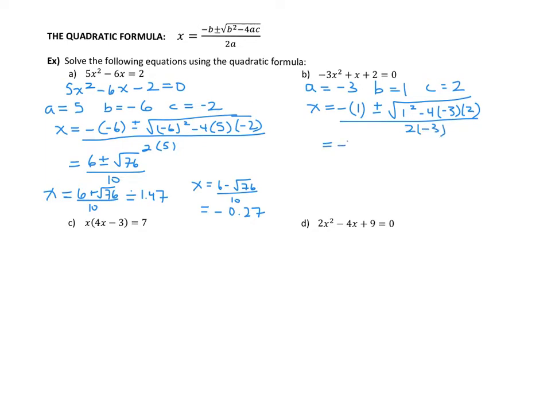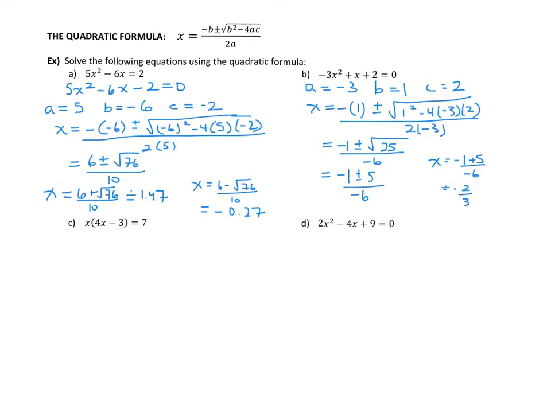That's going to equal negative 1 plus or minus the square root of, and I got a 25 under the square root and negative 6 there. 25 is a perfect square, so that's just going to be a 5 there. Our x values will be negative 1 plus 5 divided by negative 6, which is a positive 4 over negative 6, or negative 2/3.